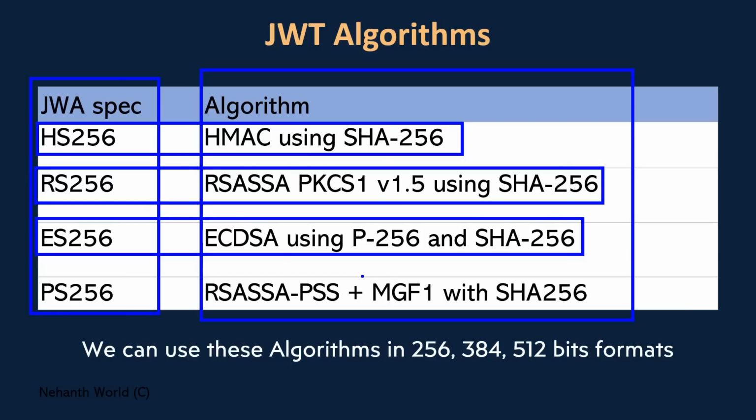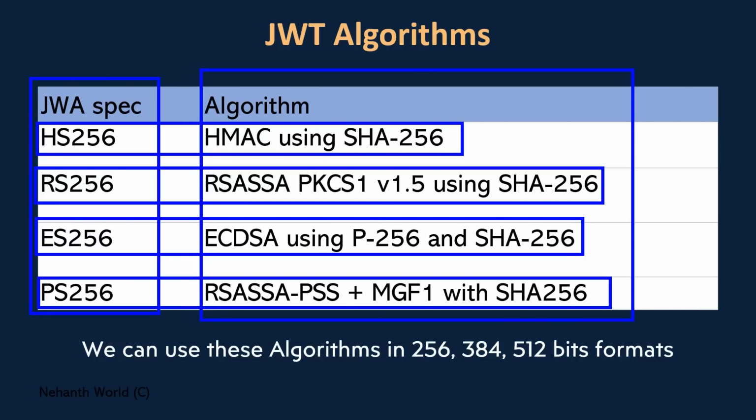That's the JWA name and the algorithm name here is ECDSA using P-256 and SHA256. And the last one is PS256 and the algorithm name is RSASSA-PSS plus MGF1 with SHA256. These are the four algorithms we can use while generating the JWT token signature.